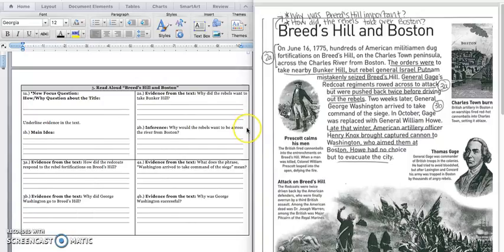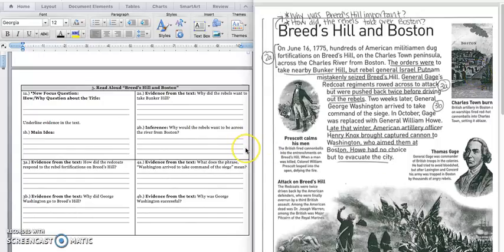It says, why would the rebels want to be across the river from Boston? If you are in a battle, you can look at this picture over here. If there's a river between you, that kind of serves as your protection. And if you're firing cannons into the other city, it forces the army in that city to retreat or to flee.